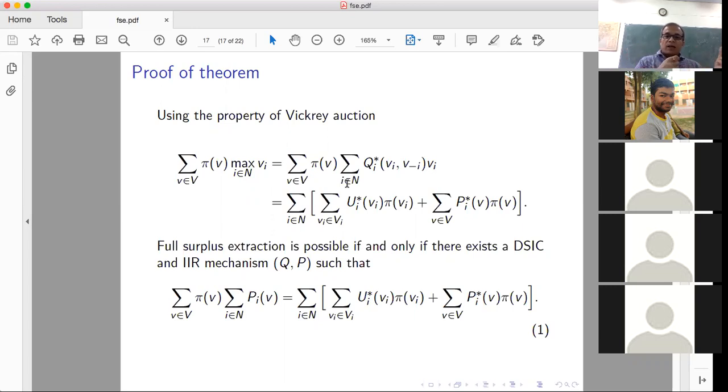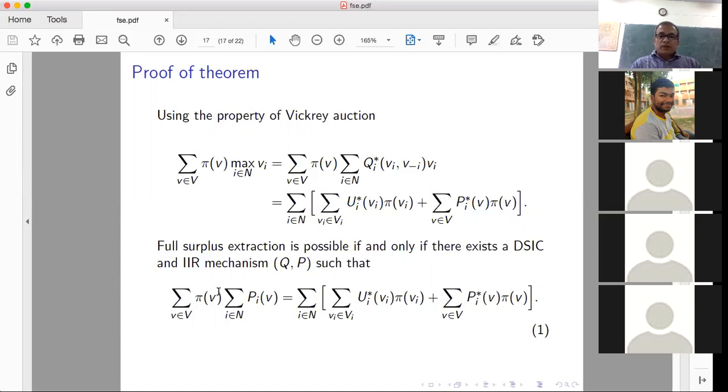Because at every type profile, the total utility is the highest value minus the second highest value. So the expected utility is just expected highest value minus expected second highest value. So these two things, when you add them, you just get expected highest value, which is this. Yes, sir. So all these algebraic manipulations are doing that.